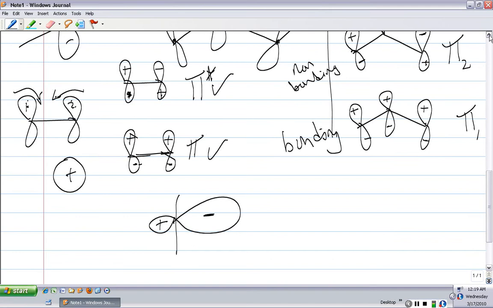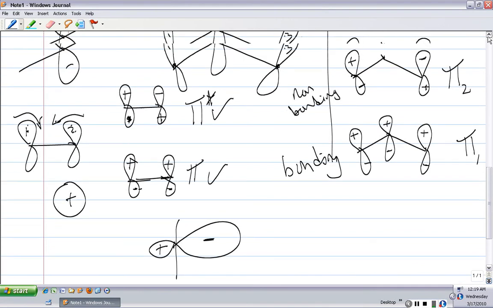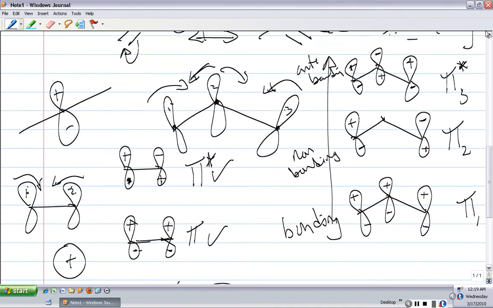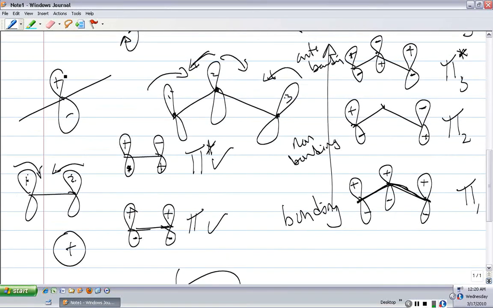So how many nodes, if any, do I have in pi 1? And the answer is 1. There is the obligatory node in the plane of the molecule, which all p systems must contain. If you look at it, it has a node in the plane of the molecule, right? That cuts right across the p orbital. And every orbital that has p character is going to have at least one node.